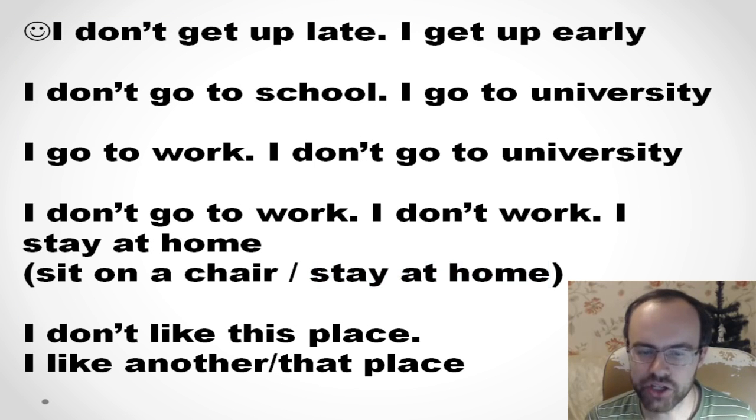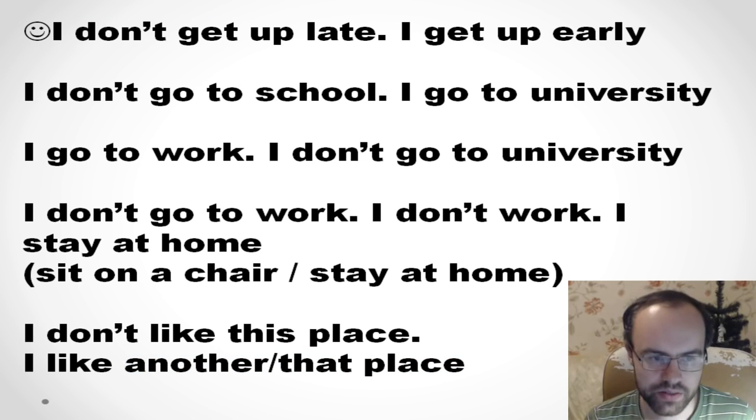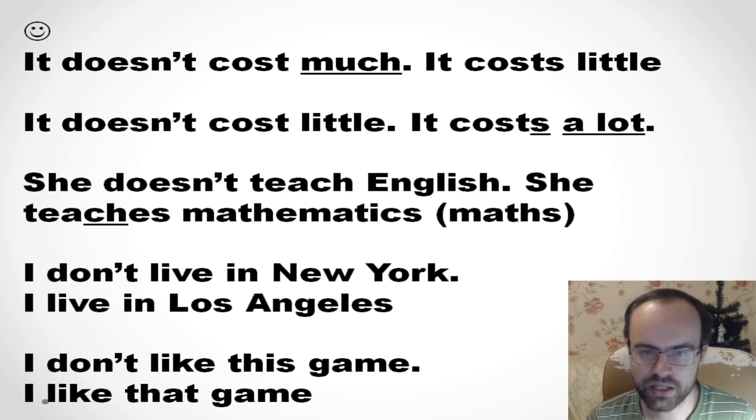Okay? I don't like this place. I like another place. I like that place. So we use another if it's one. So one place, so we say another place. If it's more than one, for example, 2, 3, 4, we use other places. Next, it doesn't cost much.